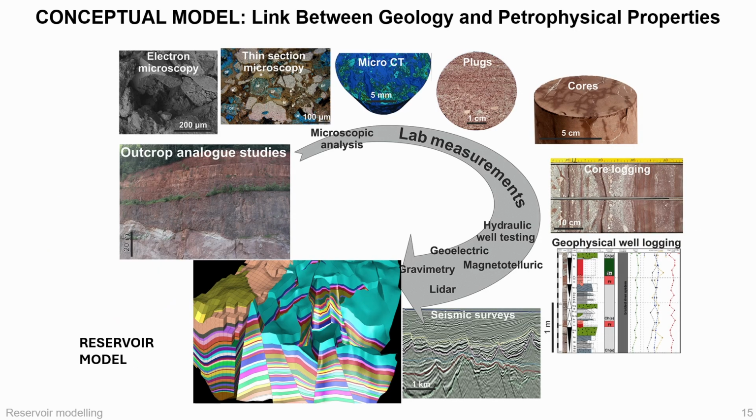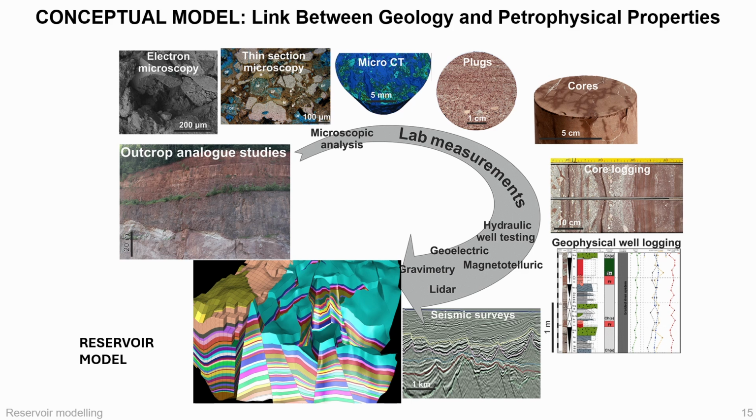This slide emphasizes that geology and petrophysical properties are linked. Facies in depositional environment influence porosity and permeability through grain size, sorting, clay content, and diagenesis. For example, a high-energy shoreface sand may preserve good porosity and permeability, while a lower-energy muddy facies may be a barrier.